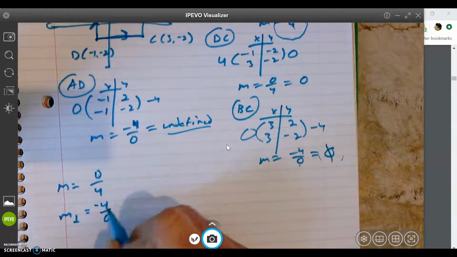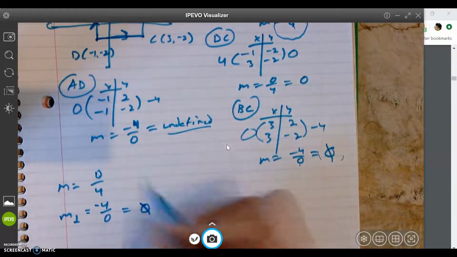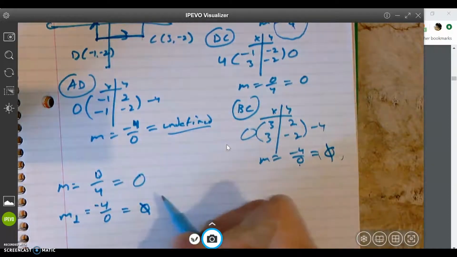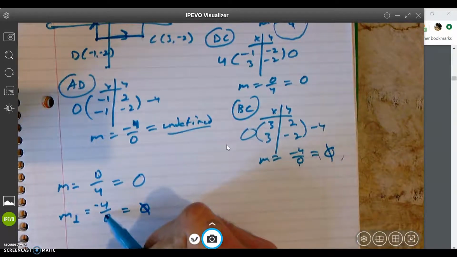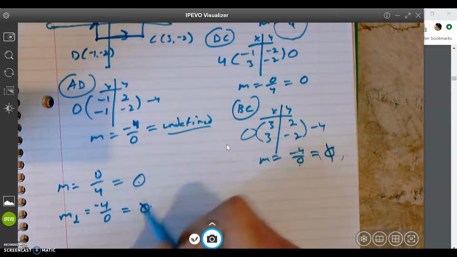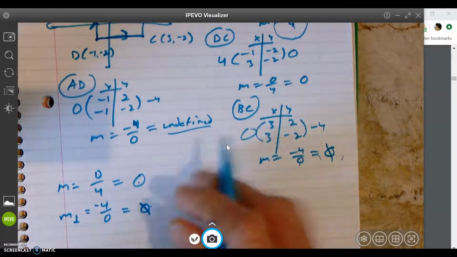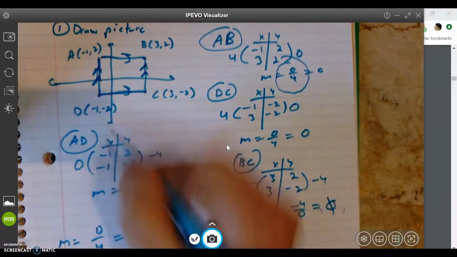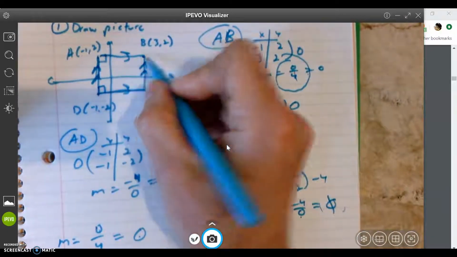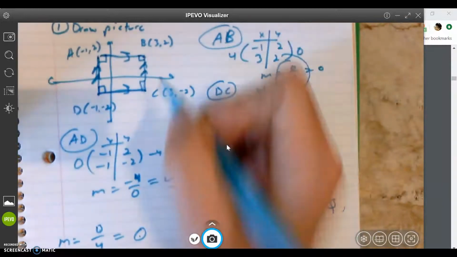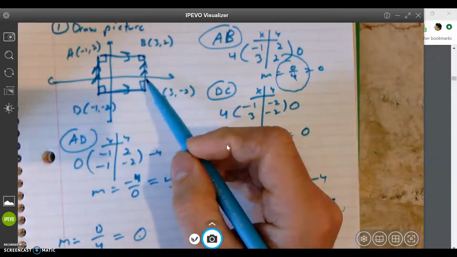Well, you can't have negative. This is undefined. And this is 0. Yeah, negative doesn't really matter in this case because undefined is just undefined. Doesn't matter whether it's positive or negative. So 0 and undefined are opposite reciprocals. So that means that, ooh, we have a right angle here. Okay, so now this is either a rectangle or a square.